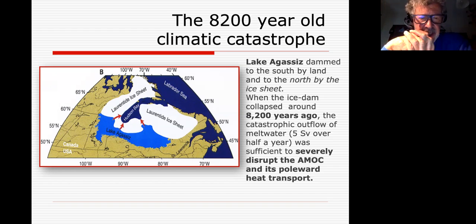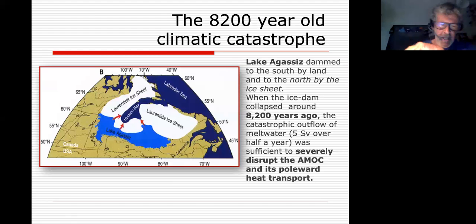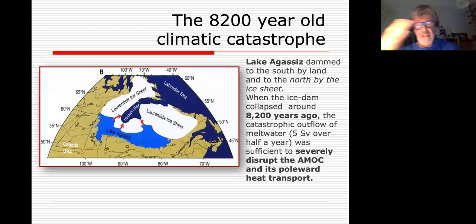As you see here in the cartoon, the conditions of the Canada coasts: you have a big lake called Lake Agassiz, which was dammed by a large ice sheet that acted as a natural barrier between fresh water and the Labrador Sea.